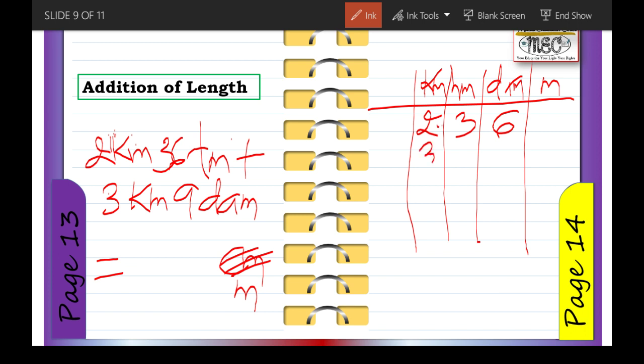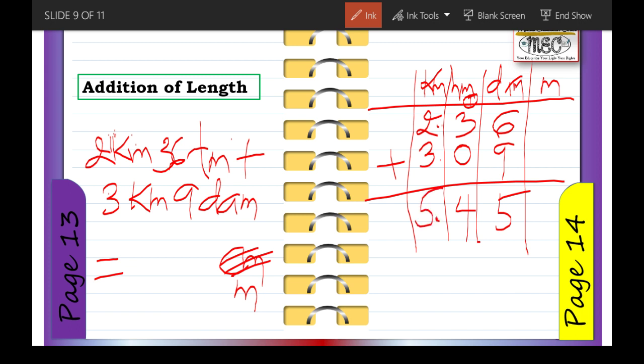We have 3 and 9 decameters. To mean there I have 0. And then we add. This is 5, and here we carry 1, and then here it is 4. This is 5 with our decimal point.